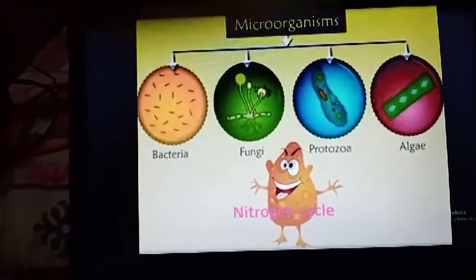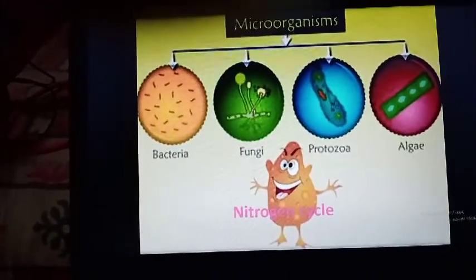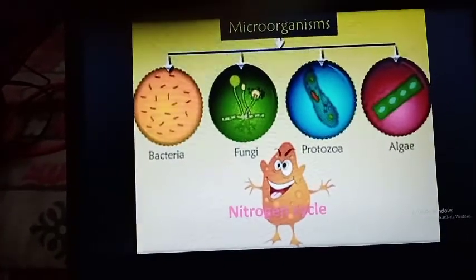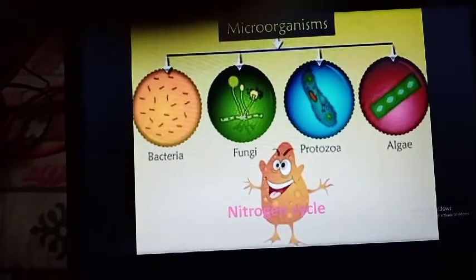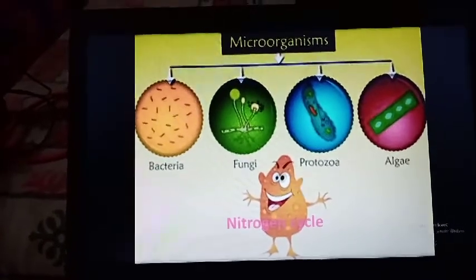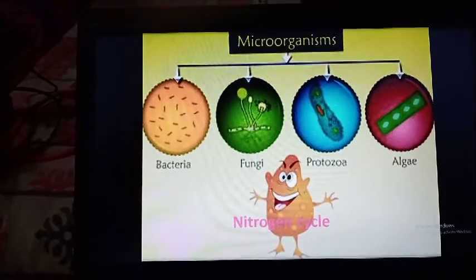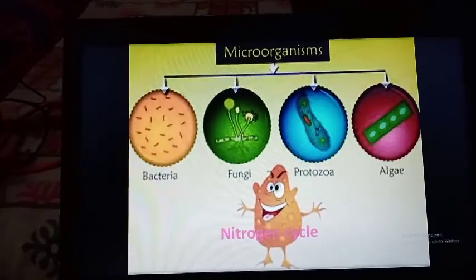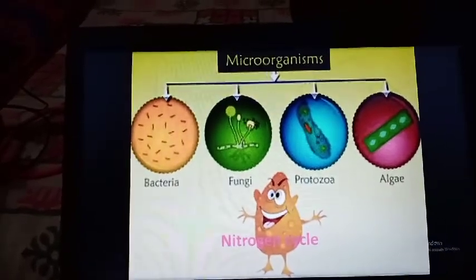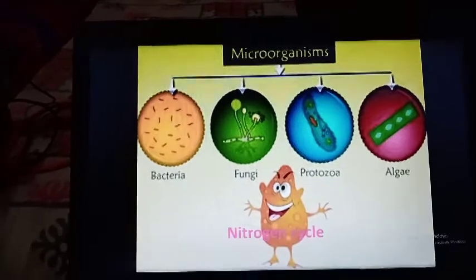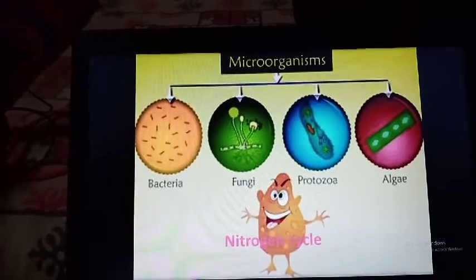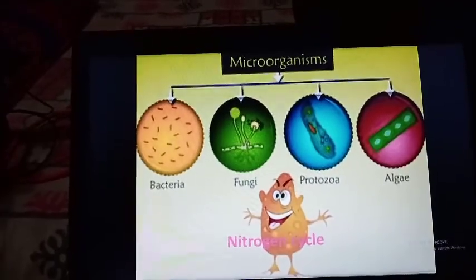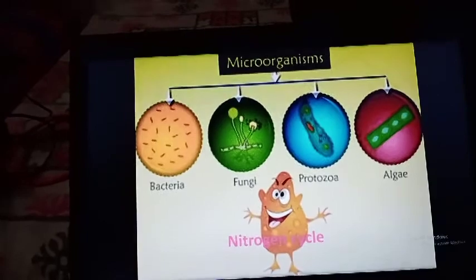Nitrogen cycle. The nitrogen cycle is nothing but nitrogen fixing and denitrification put together. That is, the atmospheric nitrogen reaches the soil and forms the nitrogenous compound. This nitrogenous compound reaches the plant body in the form of protein, and from the plant body it reaches the animal body.